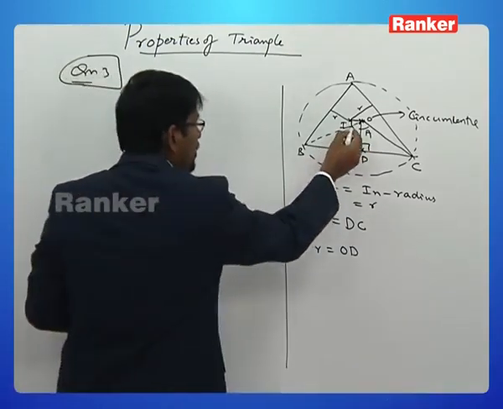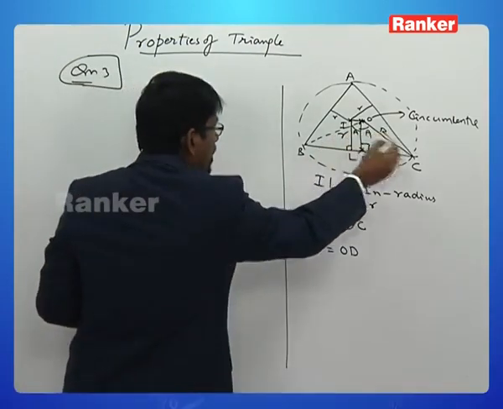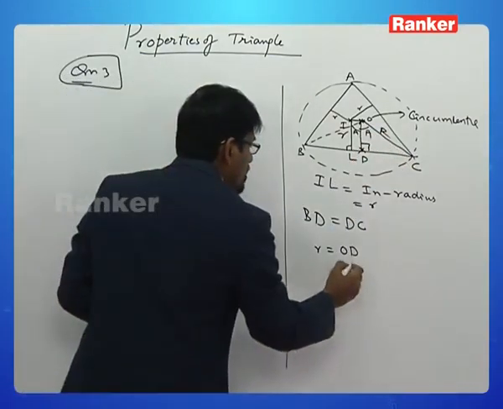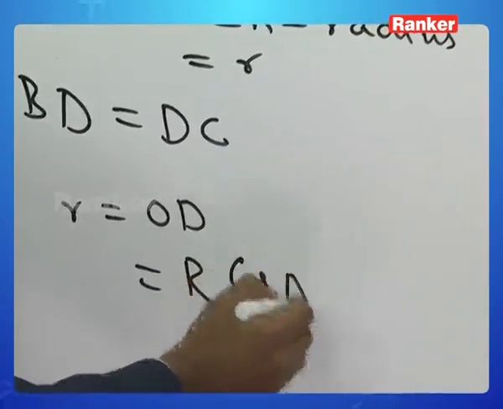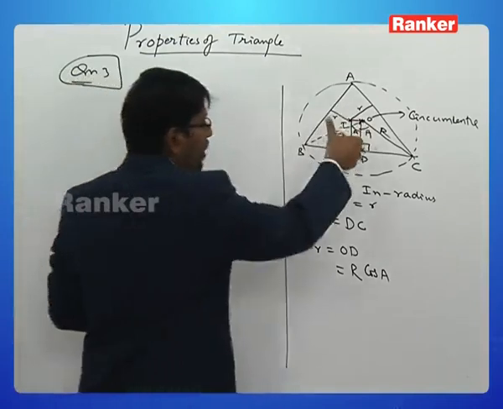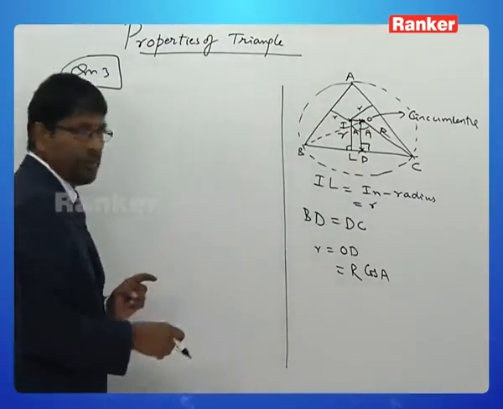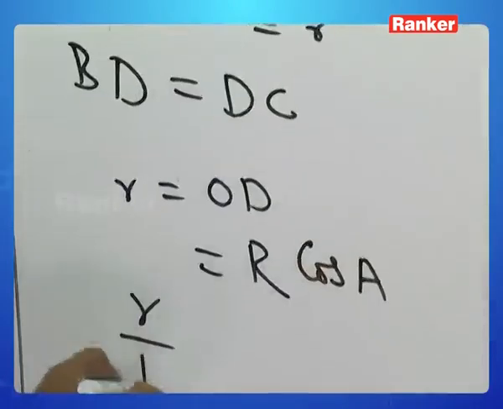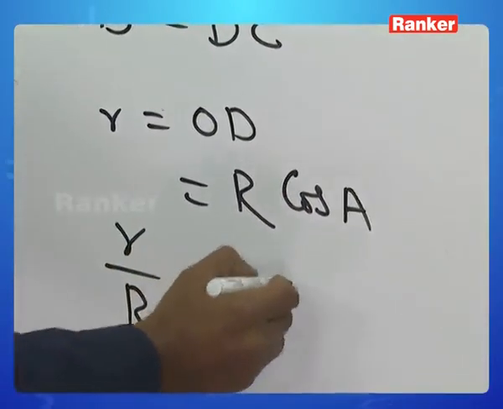This is also A. Now this is capital R. Now what is OD? OD is capital R cos A, the projection. So what is small r by capital R from here? Cos A.